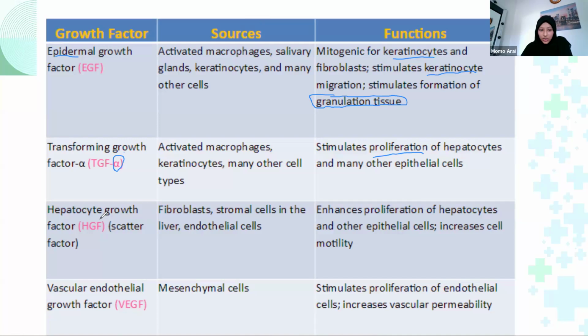Okay, so hepatocyte growth factor is more specific. From the name, you can know that it is for hepatocytes. So if he were to ask you, it would be from this name. So hepatocyte growth factor for hepatocytes or liver cells. Again, you don't need to know these specifically, it's fine. He won't focus too much on that.